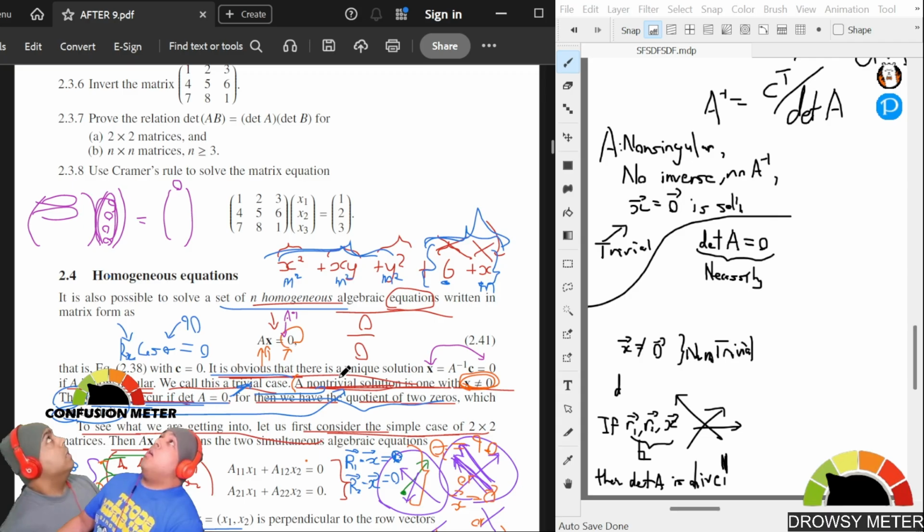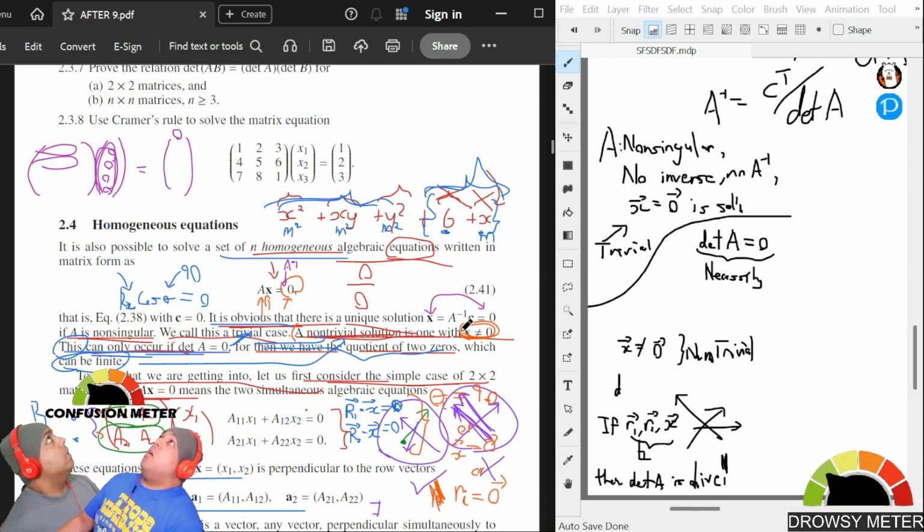We'll call this a trivial case. A non-trivial solution is one with x not equal to 0, so x actually has stuff in it. This can only occur if the determinant of A equals 0, if A is not invertible.